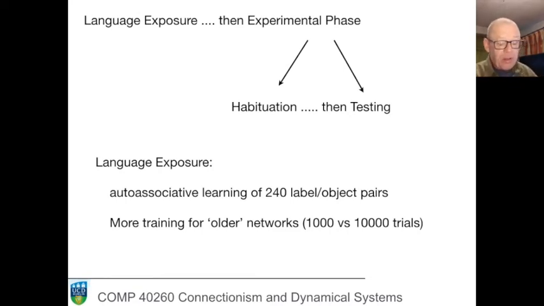That's all you can say about this. The metric of months doesn't work, but we have a young-old sort of distinction. Then, having trained the networks in this way on the autoassociative task, there's an experimental phase in which both the habituation phase and the testing phase find their representation in the connectionist model.